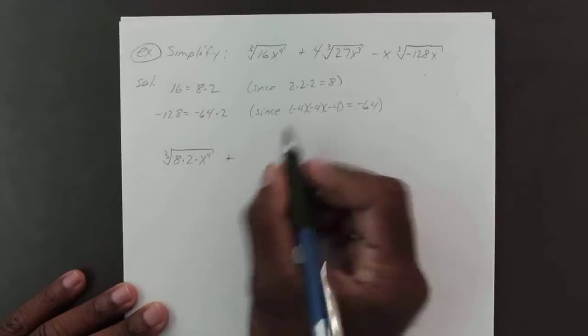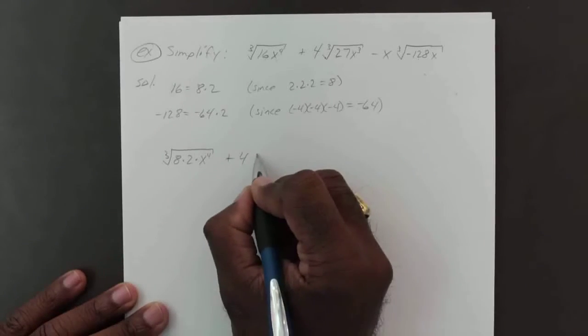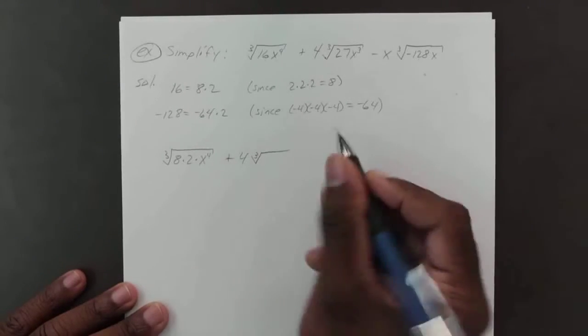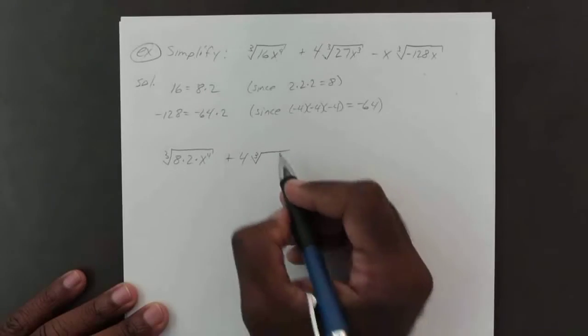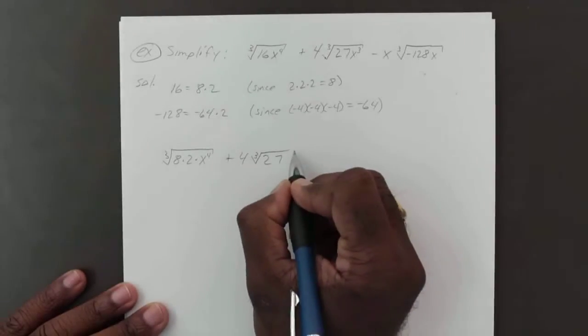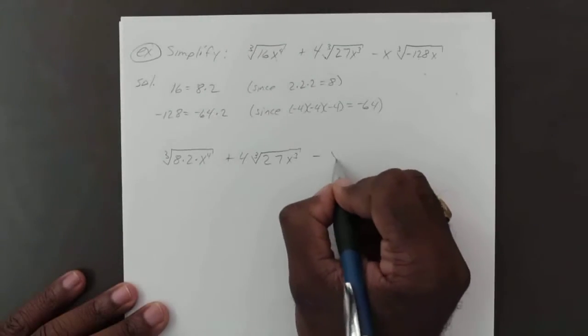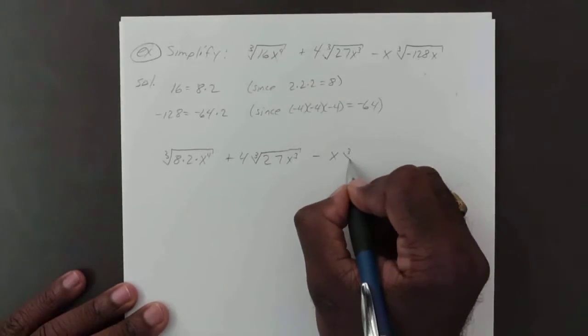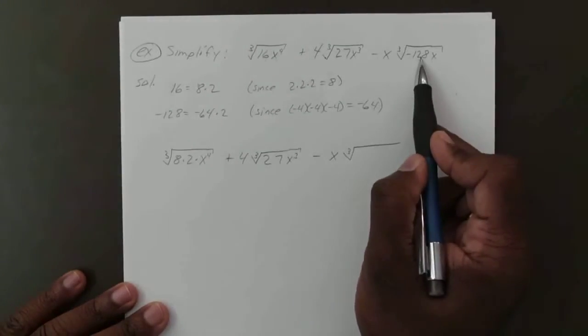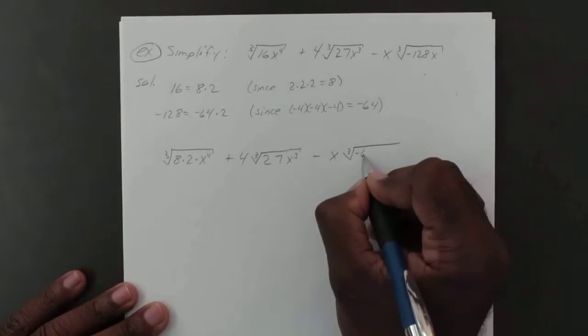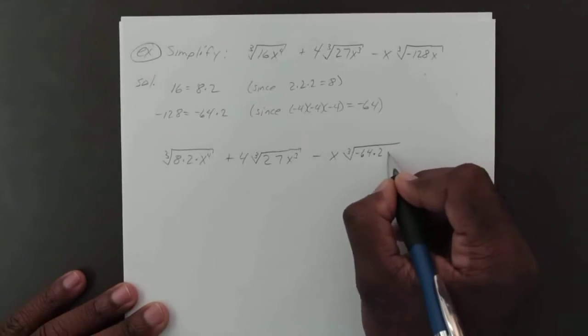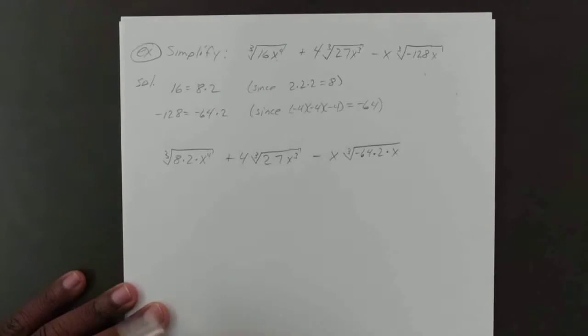Plus 4 times the cube root, and 27 is already a perfect cube, so we can just leave that the way it is. Minus x times the cube root, and instead of negative 128, we can make that negative 64 times 2 times x.